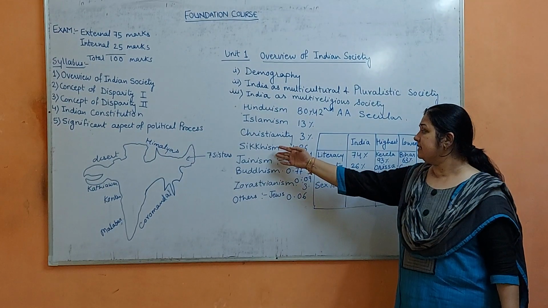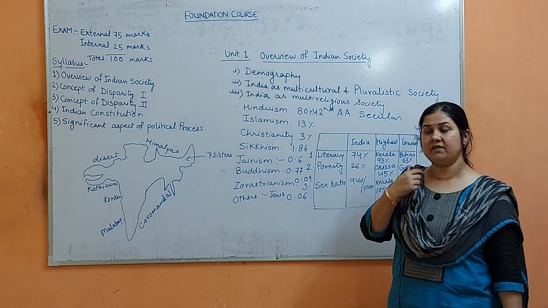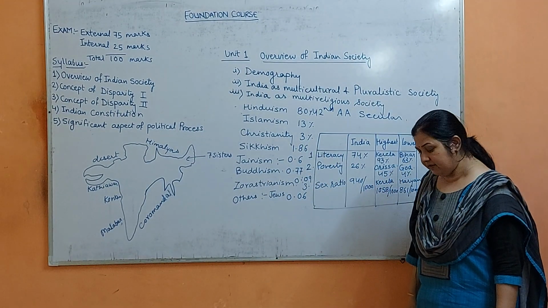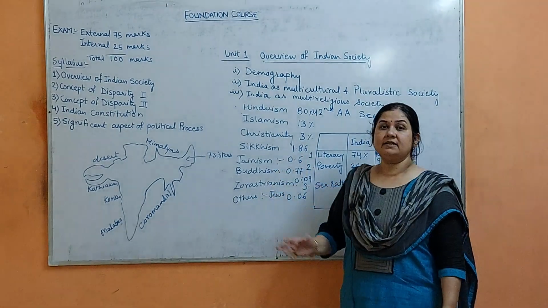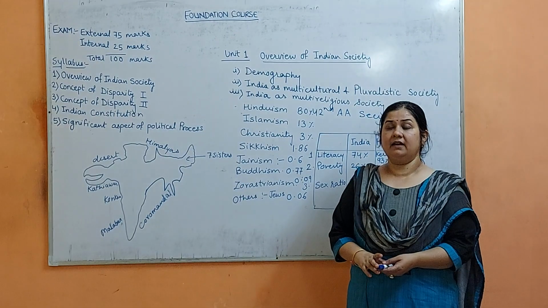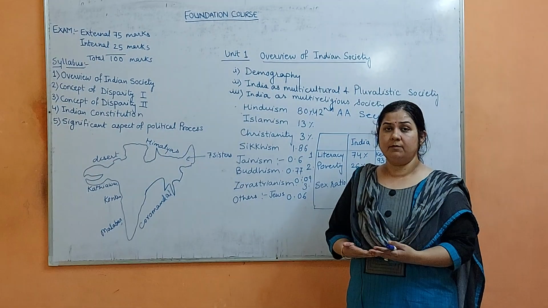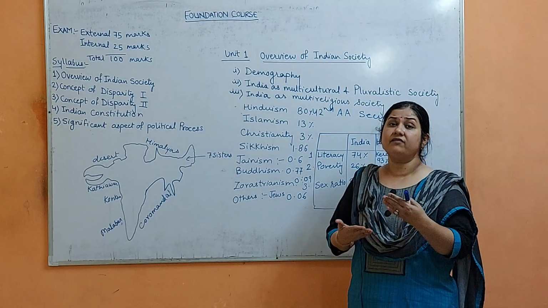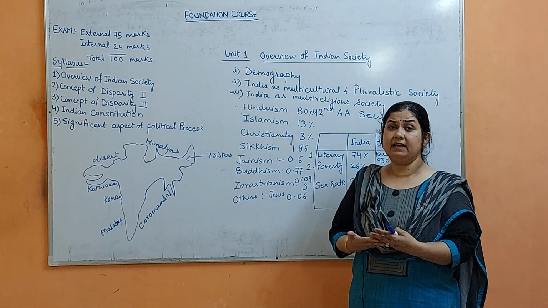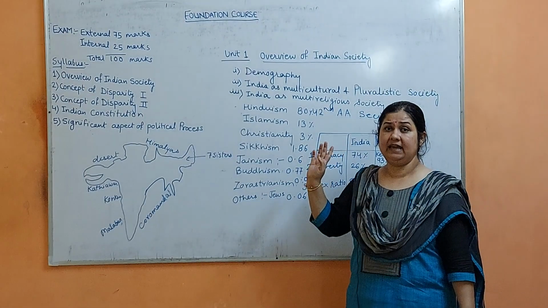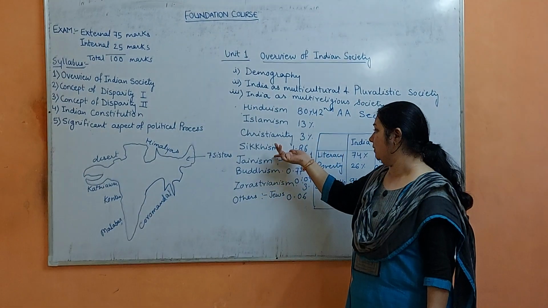Next, coming to Sikhism. The founder member was Guru Nanak and there were 10 Sikh Gurus. Its holy book is Guru Granth Sahib, and in this holy book the Vani of different Sikh Gurus, apart from that Kabir is also included. Gyaneshwar, Kabir, this is included.